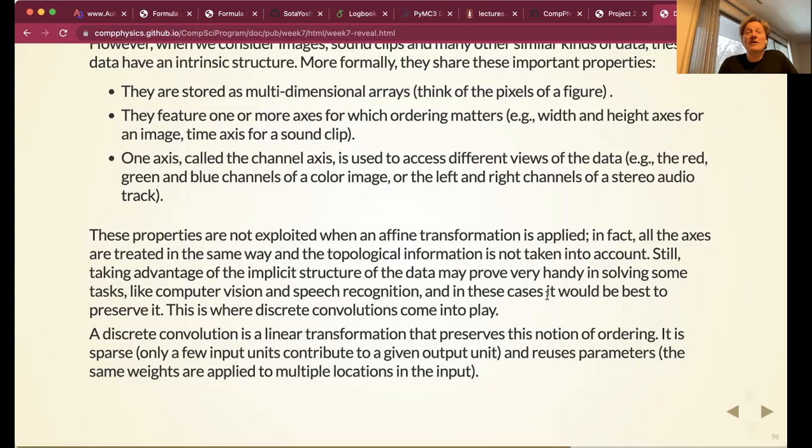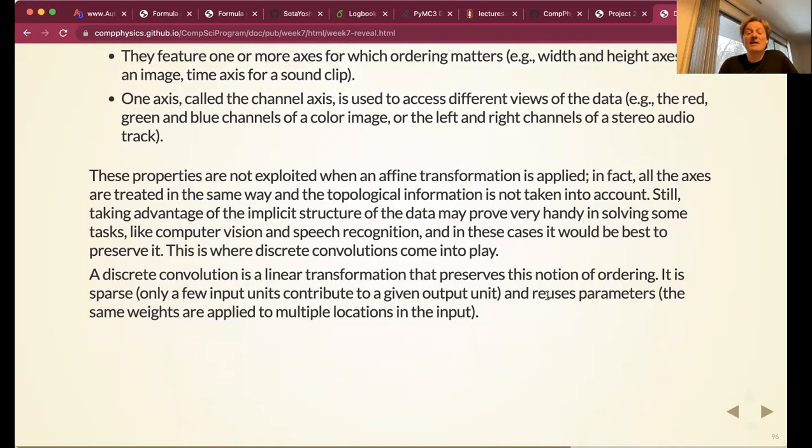So you can now ask yourself, what if I would like to take into account some of these properties? In principle, convolutional neural networks are a way to keep track of some central features and just leave out some other details.